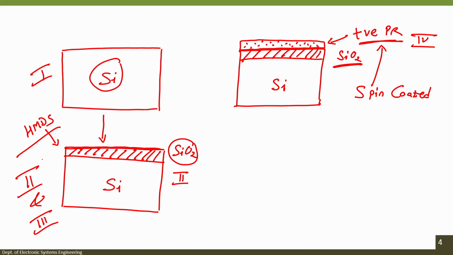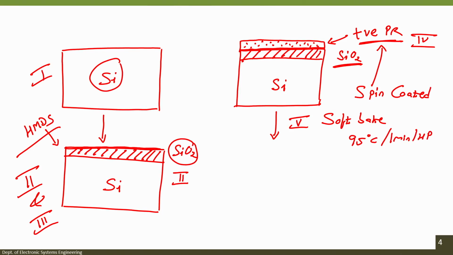After HMDS you can again heat the wafer at 95 degrees centigrade for 1 minute, and then you take the wafer and spin coat positive photoresist. After that, the next step, step number 5, would be soft bake. The soft bake is done at 95 degrees centigrade for 1 minute on a hot plate, alright.